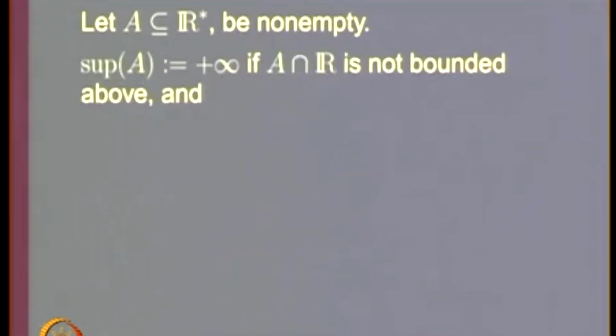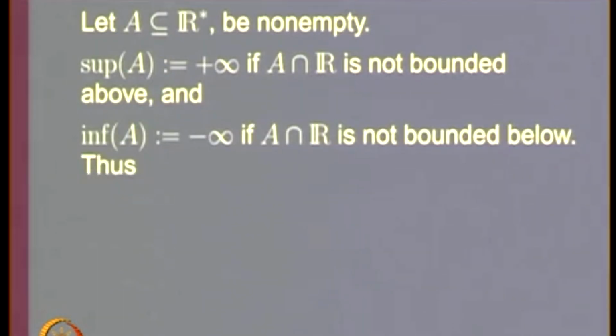So we will define the supremum of A to be equal to plus infinity if A intersection R is not bounded above. And similarly, we will define the infimum of the set A to be equal to minus infinity if A intersection R is not bounded below.